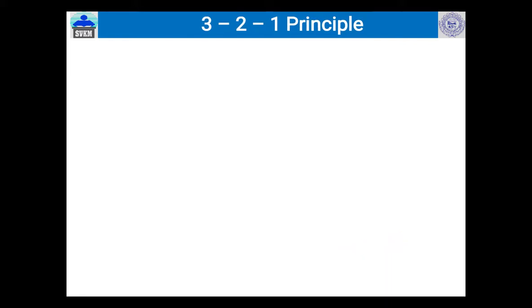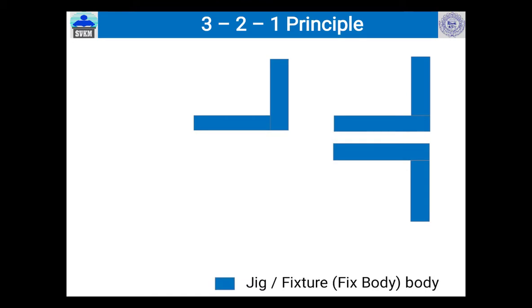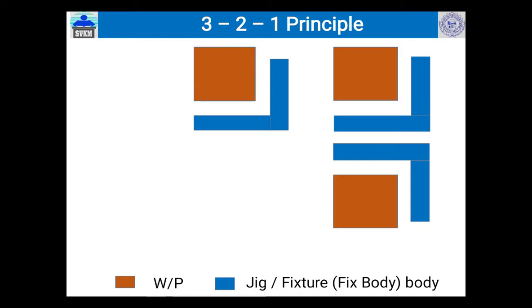Now if a workpiece is kept in a fixed body, which is called a fixture body or a jig body, and if we add 3 pins at the bottom of the workpiece, you can see 3 pins added at the bottom of the workpiece, with their respective positions in the other two views. You can see 3 pins at the bottom.